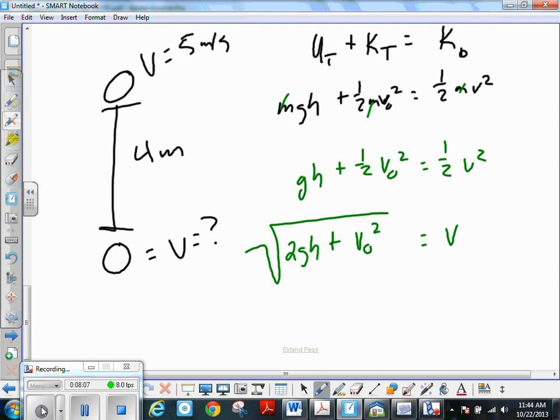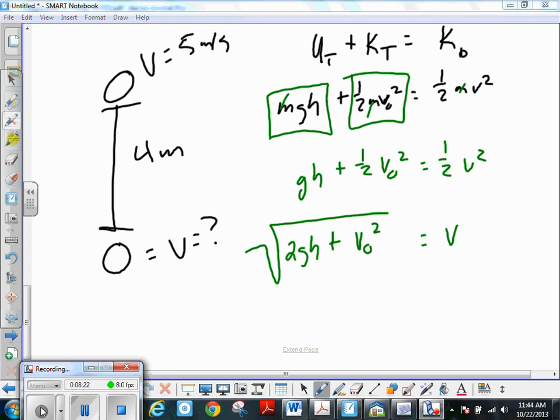But the idea here is that when you do these problems, you need to separate out the energies at the top, because if you don't, you'll mix up your velocities.